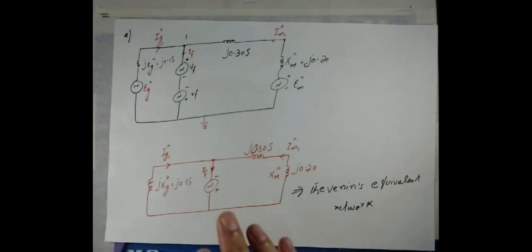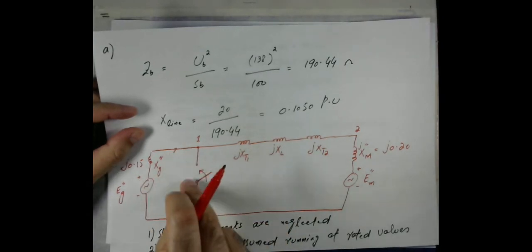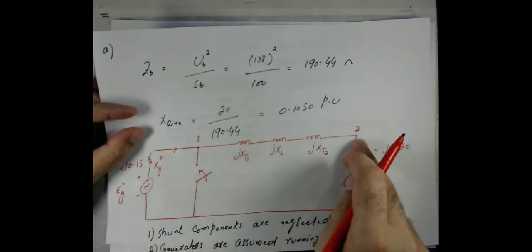And as I mentioned, we need to solve this one, and then add the values to the case when there was no fault. When there is no fault, the current flows in this direction.